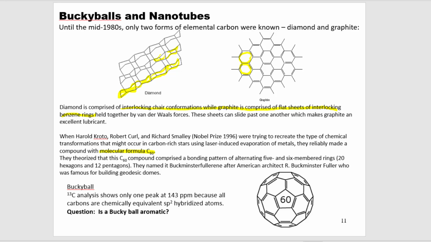They only show one carbon-13 peak, meaning every carbon on the molecule is equivalent, and they're all sp2 hybridized atoms. I've got a picture here of what the structure of a buckyball must look like. So given what we just learned about aromaticity, is a buckyball aromatic?